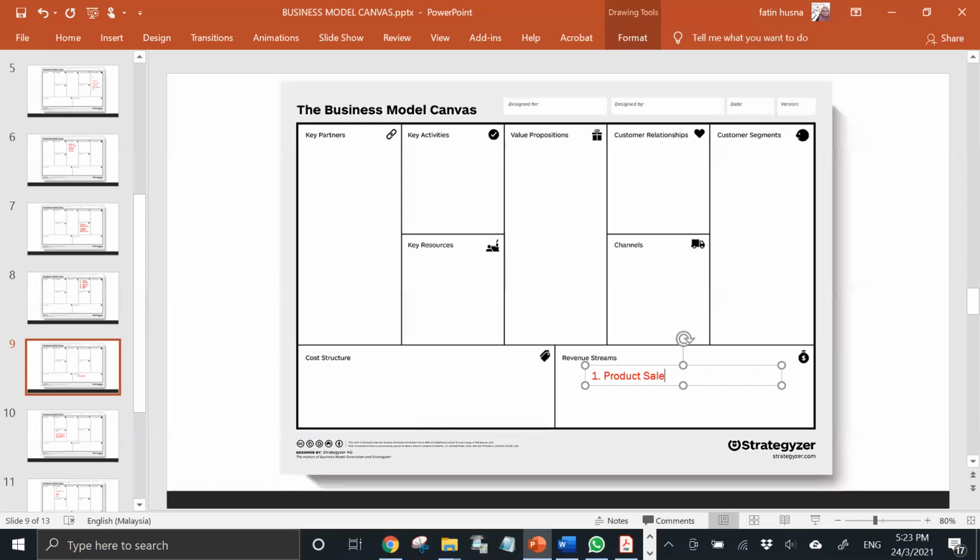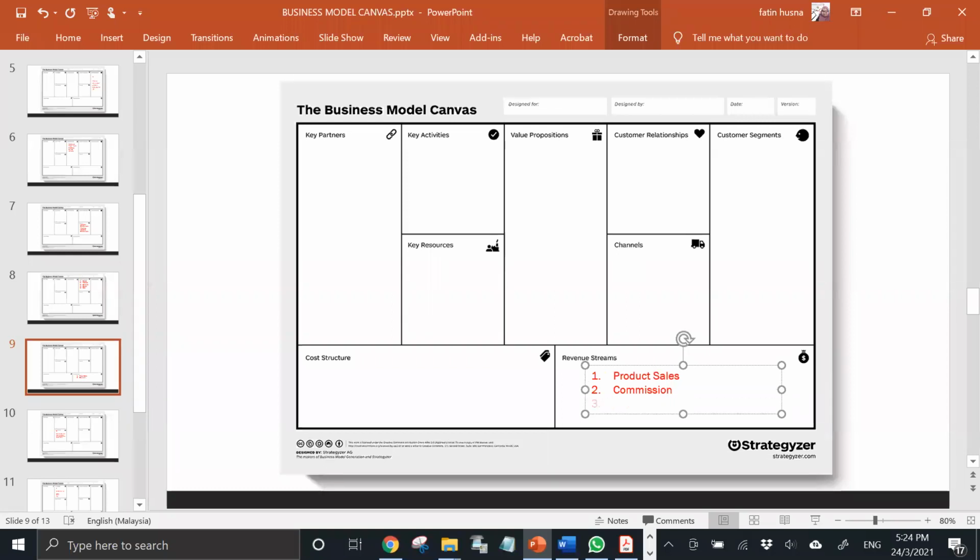If you have agents, for example, you are also selling other people's products. For example, you are selling raya cookies, and then suddenly your friend says, sell my cookies as well, I will give you a commission of something. So you can actually put commission.